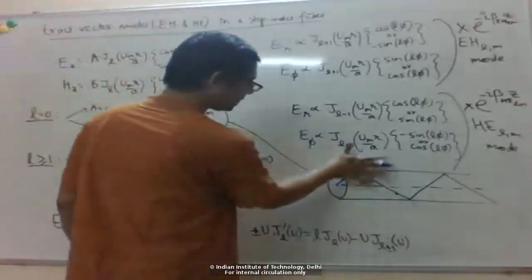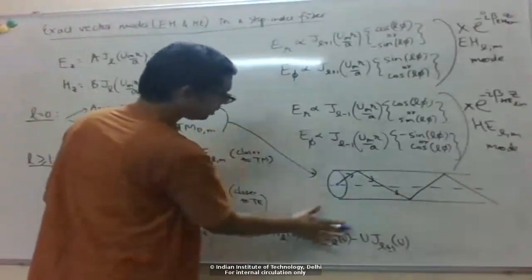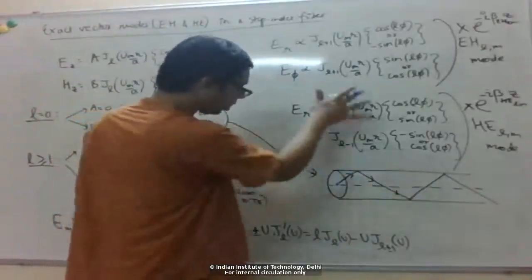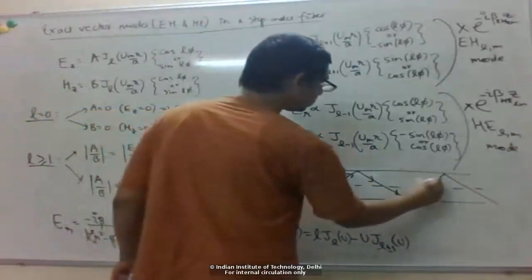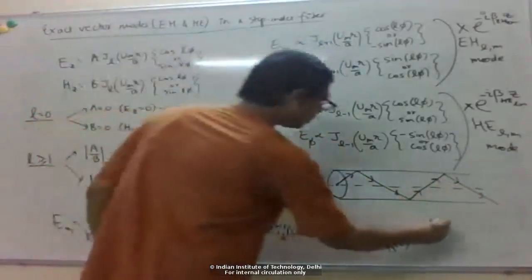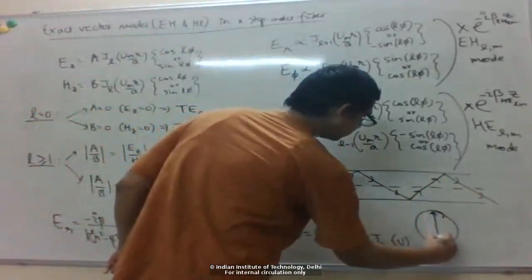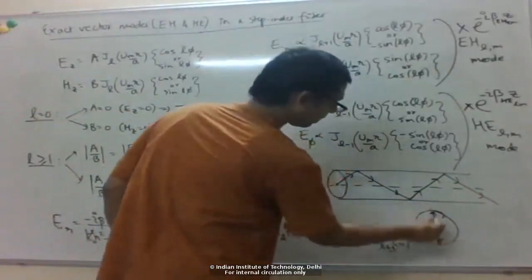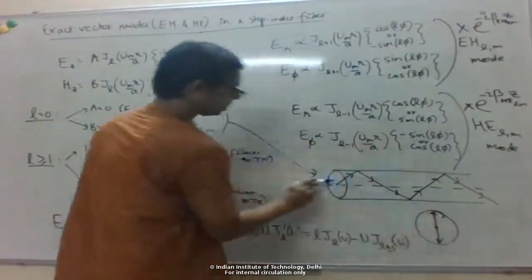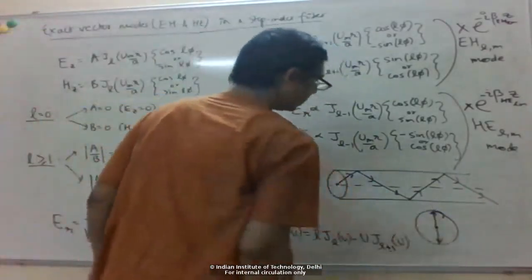They just lie in a plane, right? So if you take a cut along the diameter here, this ray is lying along that plane. If I look from the front here, I just see a line like this, the ray going up and down like that. So they're just lying in this plane.